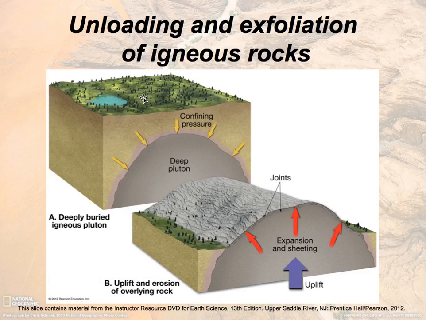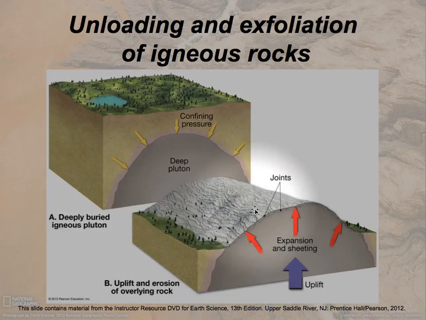Over geologic time, as that Earth's surface erodes or somehow weathers and disappears, which it can do due to water or due to lots of different things, you can expose that large igneous body. Well, in this situation, all of the earth over top of the large igneous body created a lot of pressure and kind of kept the rock intact. When that's exposed and there's no longer this force above it, that rock can actually expand.